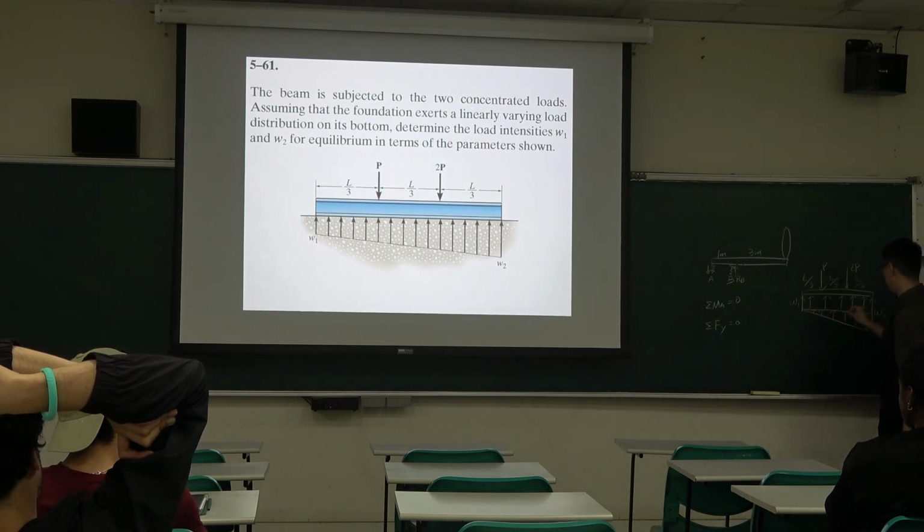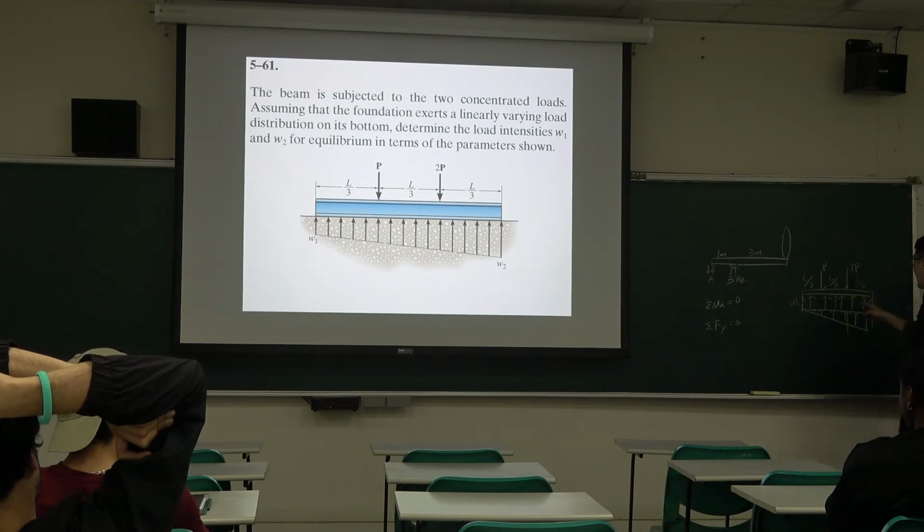Triangle, 1/3 here. So the same as 1/3 here. And the rectangle is in the middle. So we can take moment at this point because we can cancel these two.